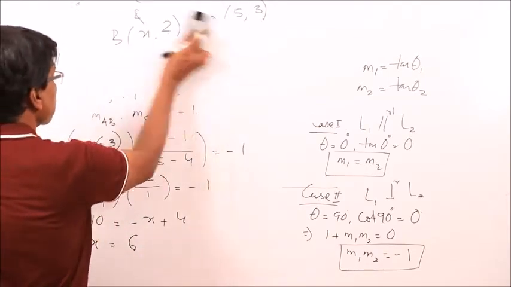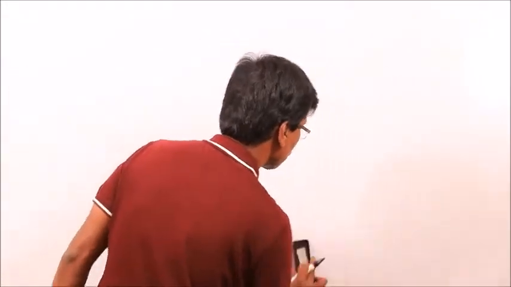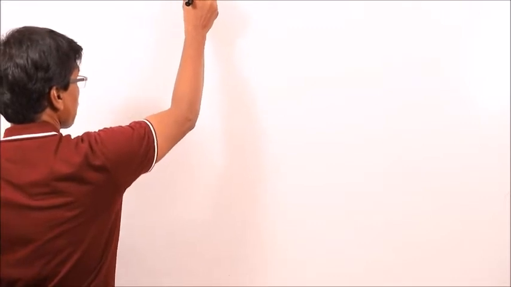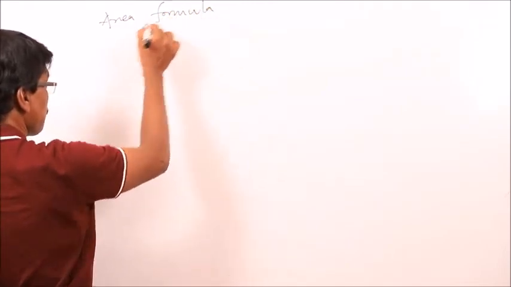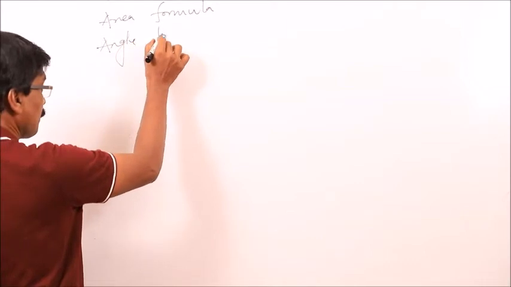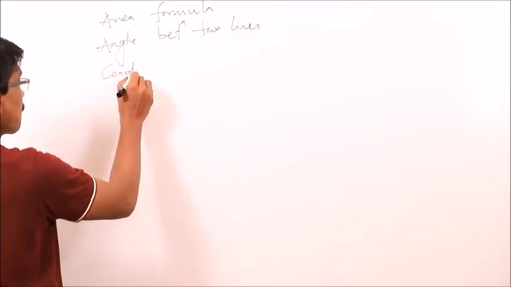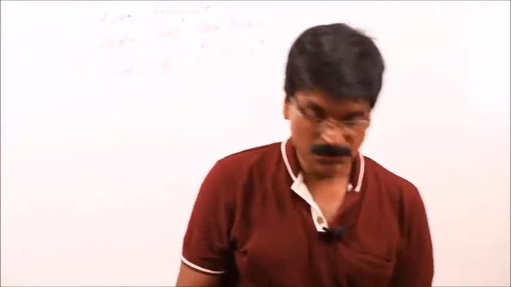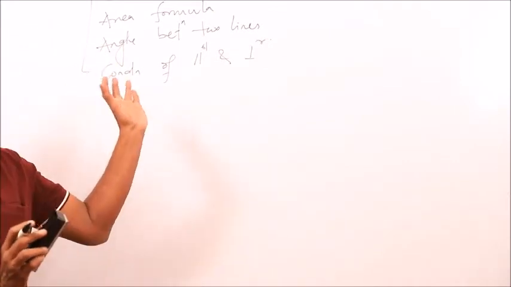So we have distance formula, area formula, and angle between two lines and condition of parallel and perpendicular. So next we come to locus.